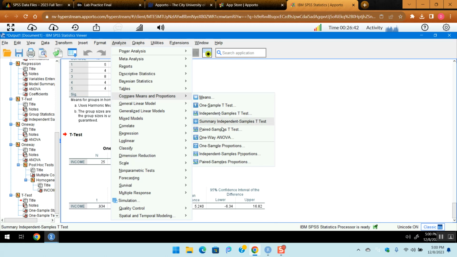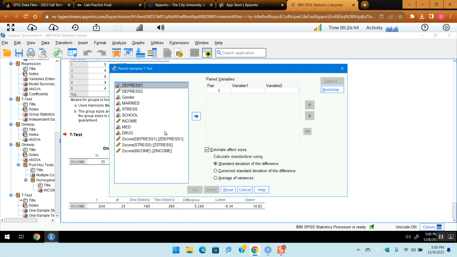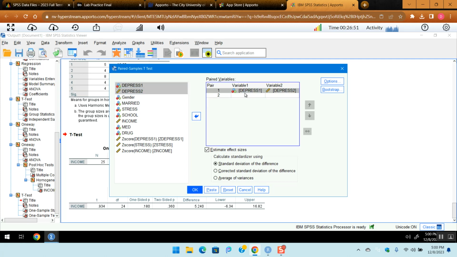So we're doing paired samples. Move depression 1 and depression 2 into this row, so you should have a row with depression 1 as variable 1 and depression 2 as variable 2. And so we're comparing before and after. We don't need effect sizes for this if you don't want. Hit OK.